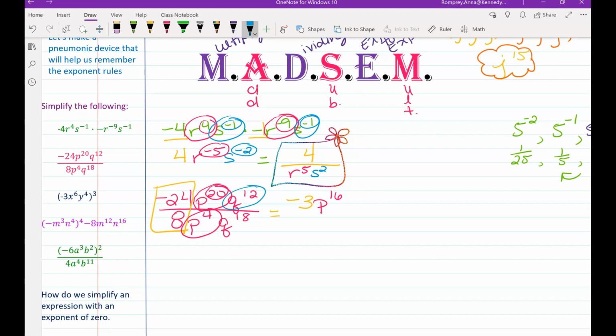Okay, so now let's look at the Q's. Q to the 12th divided by Q to the 18th. There are two ways you can subtract this. What I'm looking at is where there are more. There are more q's in the denominator. So if I subtract this way, 18 minus 12, that leaves me with 6 q's in the denominator. If you did 12 minus 18, that's okay.